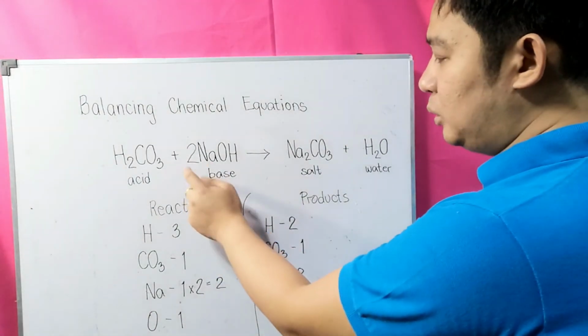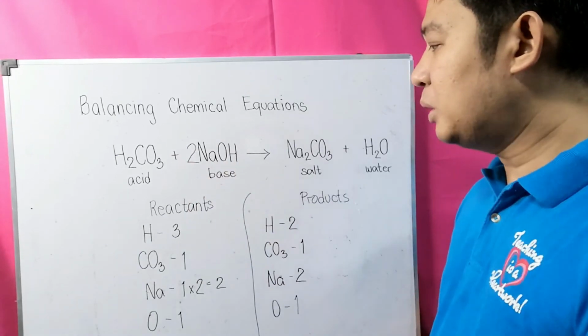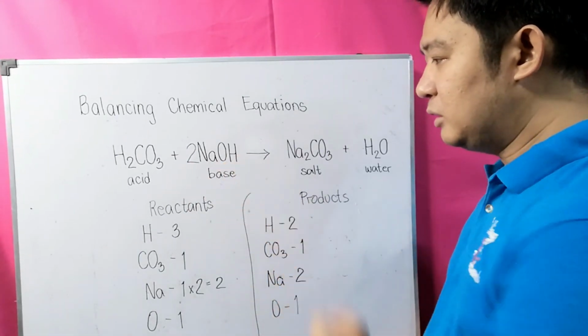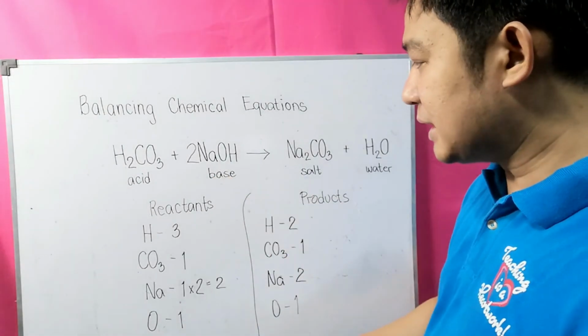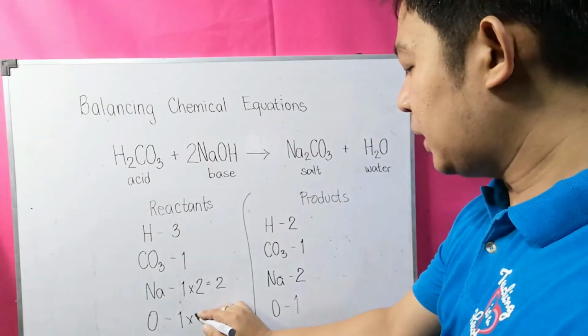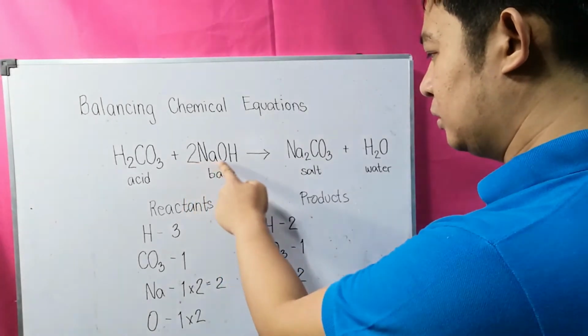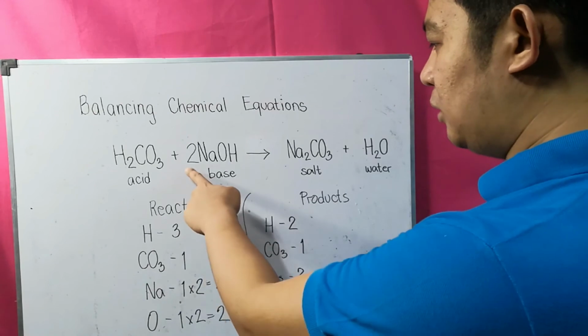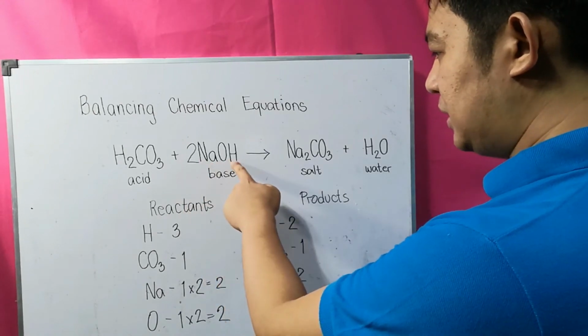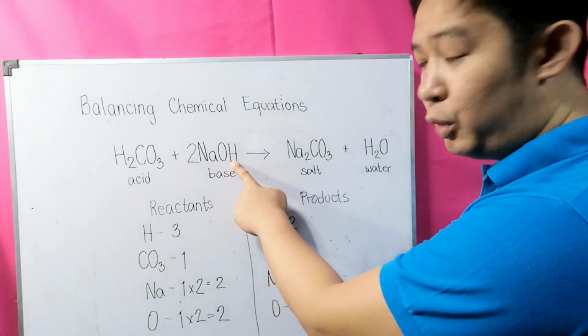But this 2 affects the number of oxygen and hydrogen in the entire reaction, which means on the reactant side, this will also be multiplied by 2, making this equal to 2, and our hydrogen now equal to a total of 4.